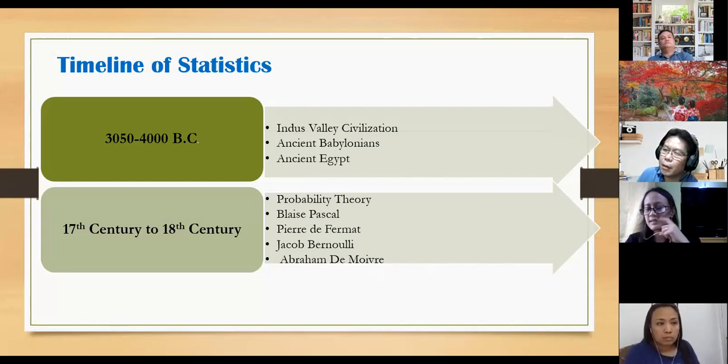So Blaise Pascal and Pierre de Fermat laid the fundamental groundwork of probability theory and are thereby accredited as the fathers of probability, while Jacob Bernoulli and Abraham de Moivre were the two mathematicians who studied probability. De Moivre developed the equation for the normal curve. Statistics began evolving in the 18th century in response to the novel needs of industrializing sovereign states.